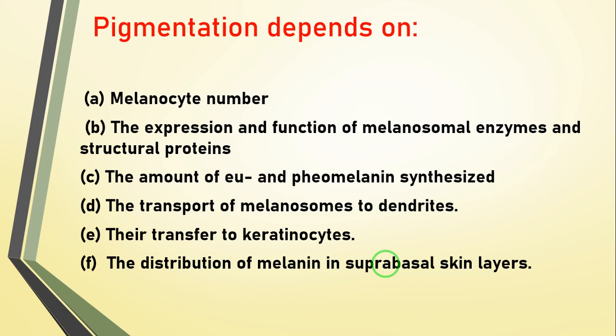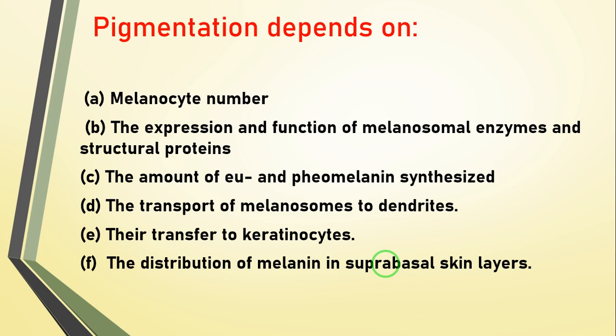The pigmentation or the color of the skin depends on what? The number of the melanocytes in that part of the body and the expression of the genes that control the melanin biosynthesis, transport, trafficking, and detoxification.